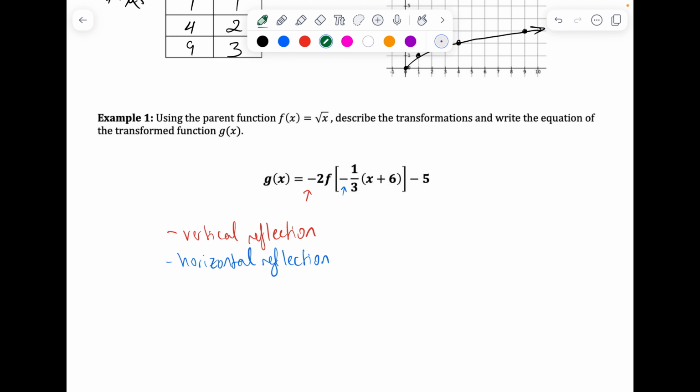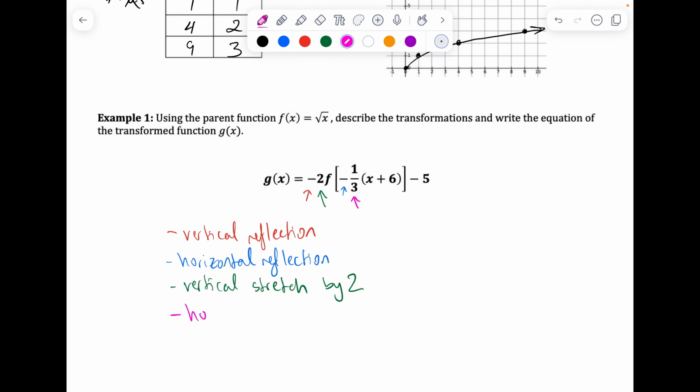Now, let's go back out here to that 2, and it's a 2 multiplying the whole function, which means it's vertical. It's a multiplication, so it's a stretch by 2. All right, let's look at this 1/3 here, because that's another multiplication, but it's inside the function.